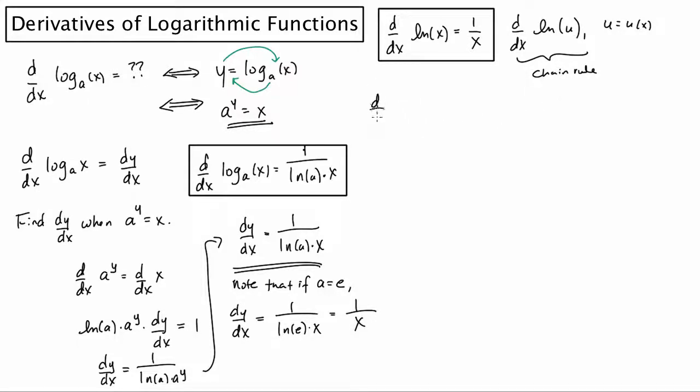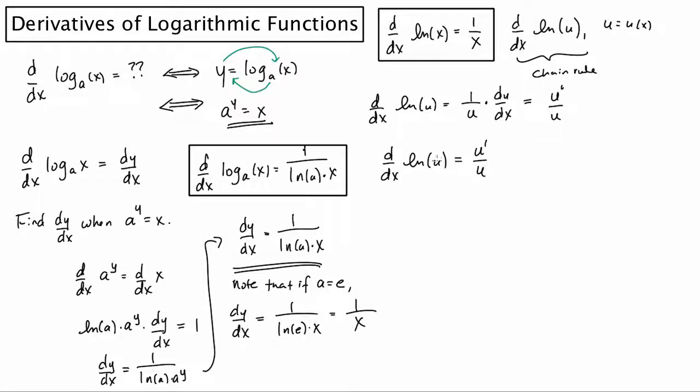If I perform chain rule on that, then the derivative of natural log of u is 1 over u, times, since it wasn't just x, since it was a function of x, I have to take the derivative of that function with respect to x, which is of the form u prime over u. So if we take a second to stare at this, we have another really nice formula here, and that is the derivative with respect to x of the natural log of u is just u prime over u.